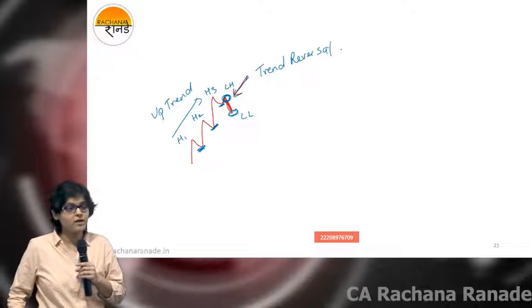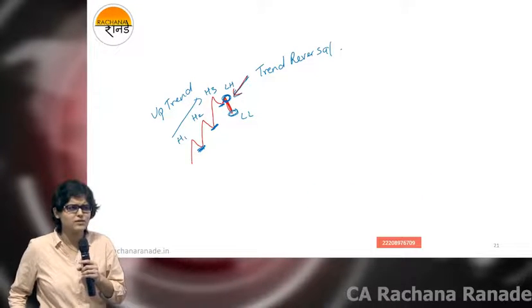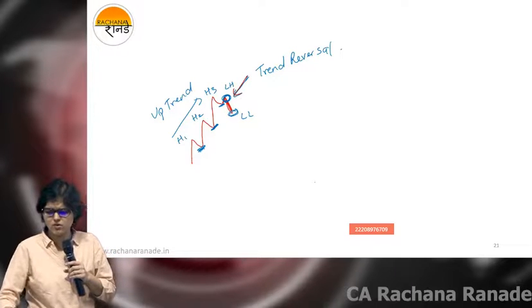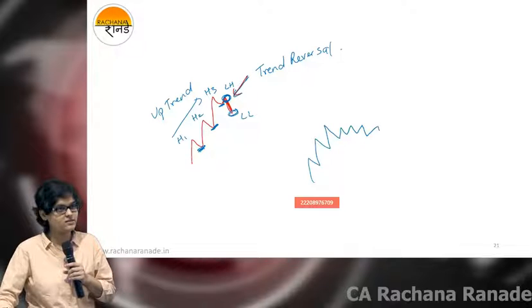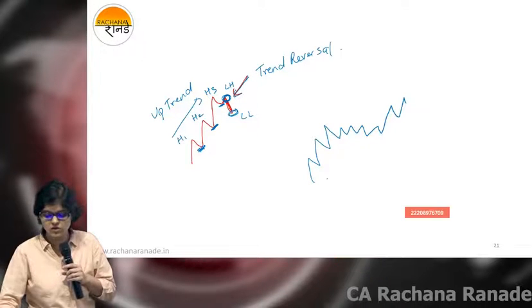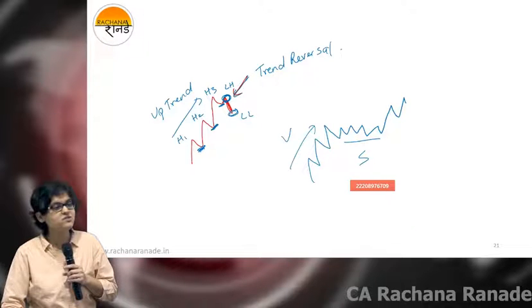So I'll tell you, that is 2 out of 10. Not necessary. So maybe 1, 2, 3, 4, and then like this, and then this. I know it's a very horrible drawing, but it's like uptrend, a small sideways trend, and then uptrend.